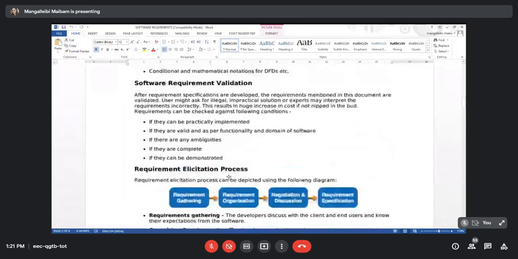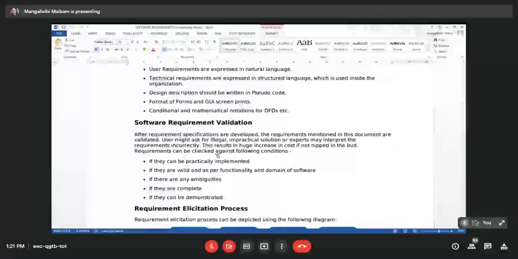So in the validation part, we are going to check certain conditions here. The first condition is whether they can be practically implemented. Whatever requirements we need, we have written in our document. We have written the graphical representation also, the mathematical operations, mathematical notations, diagrams, everything in our SRS document.